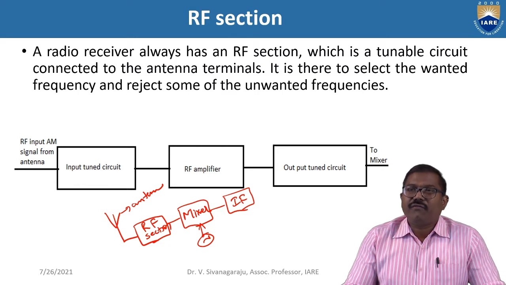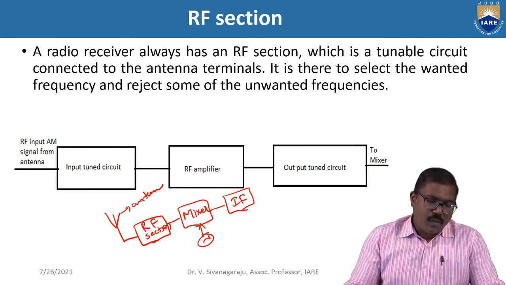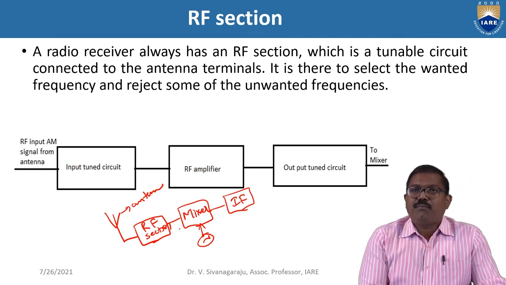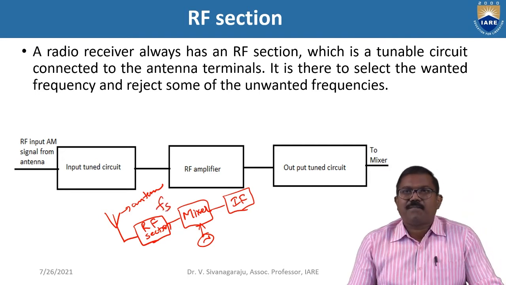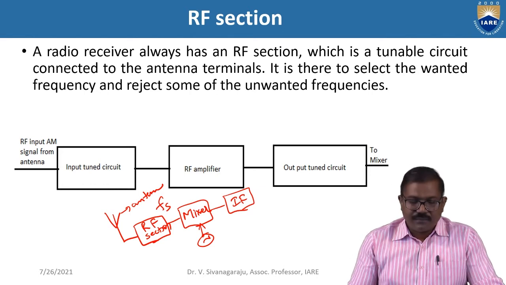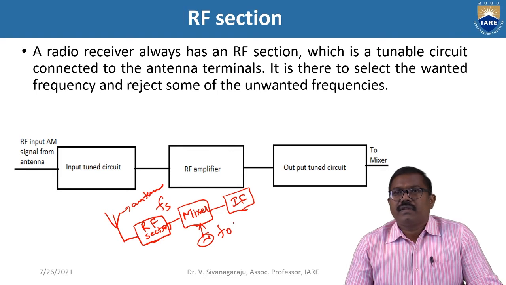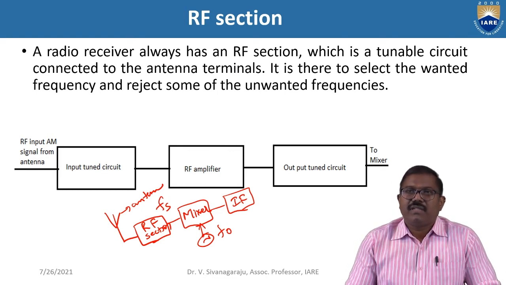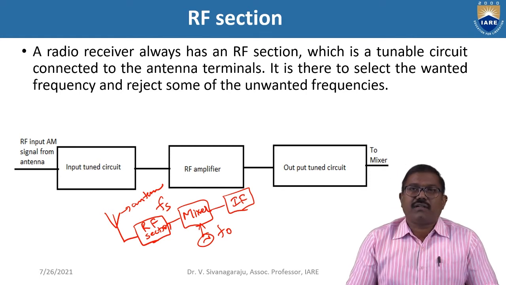Why? Here the frequency conversion is done in the mixer. The signal coming through the antenna and passing the RF section has the signal frequency Fs. And here we are getting F0, which is coming from the local oscillator. These two signals are mixed, so the frequency conversion is done.